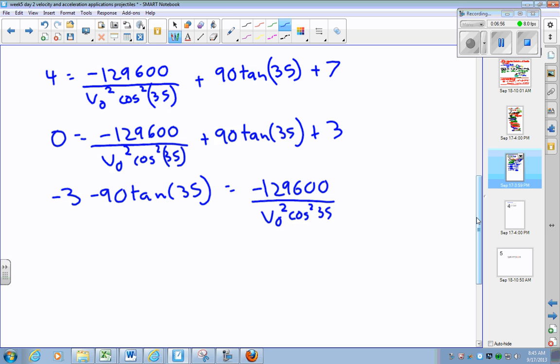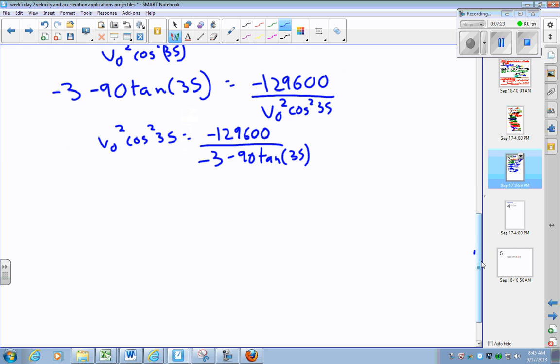And then I could multiply over and divide over. So I could say v naught squared cosine squared 35 equals -129,600 over -3 minus 90 tangent 35.